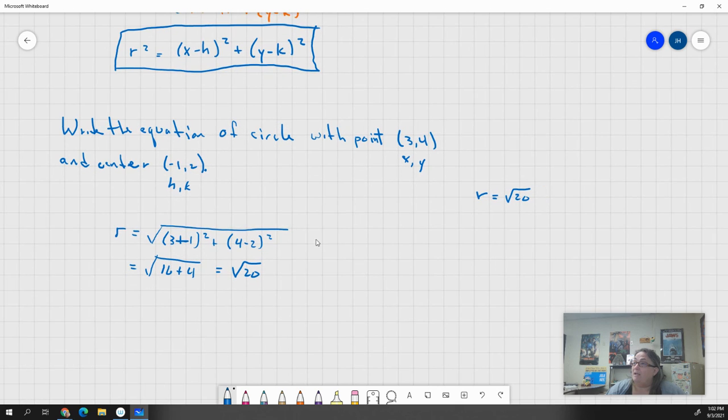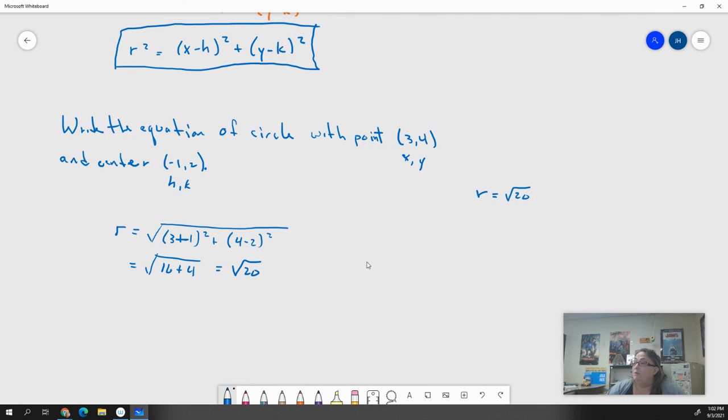Now we just have to plug it into this formula. What do I know? I know that r squared, well, for us, r is the square root of 20. So we're saying the square root of 20 squared equals x minus h. What's our x? We don't even care, right?